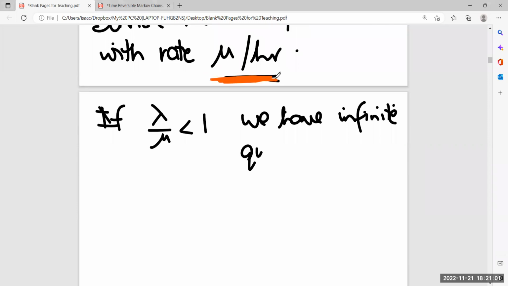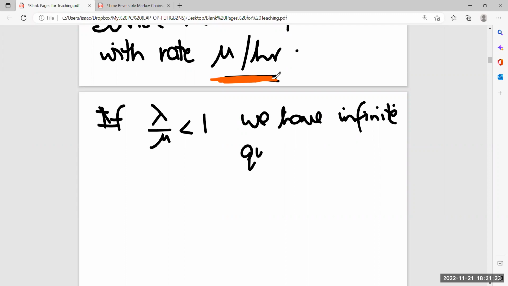All right. So what do we have if lambda over mu is less than 1? It means that the rate at which service is taking place is faster than the rate at which people are coming into the queue, right?